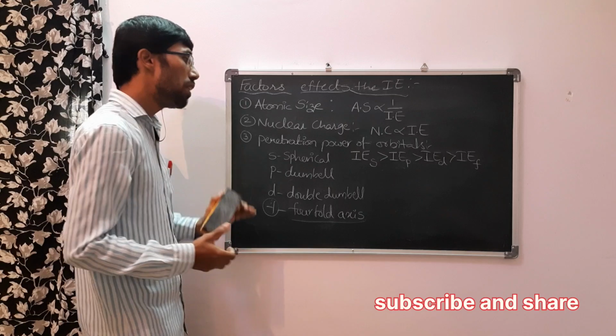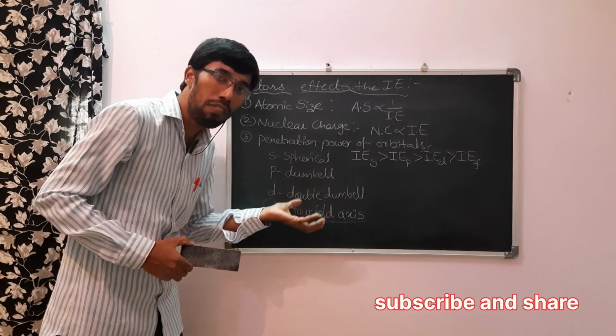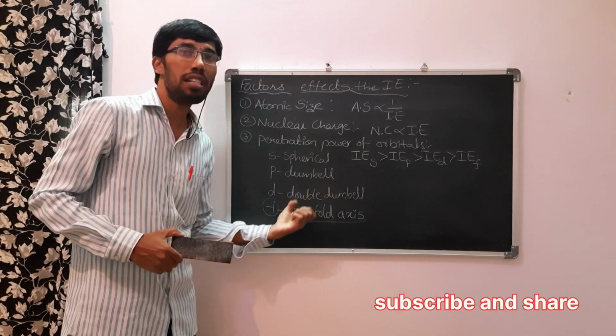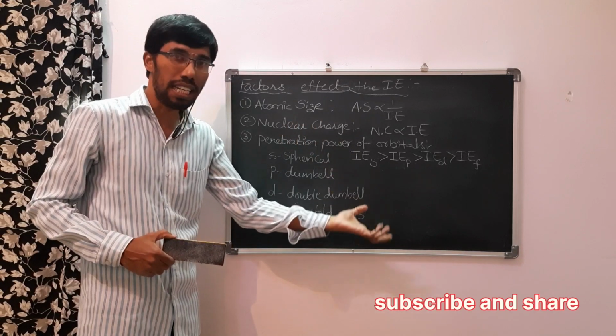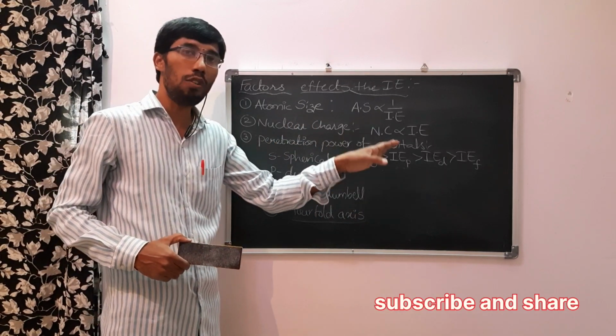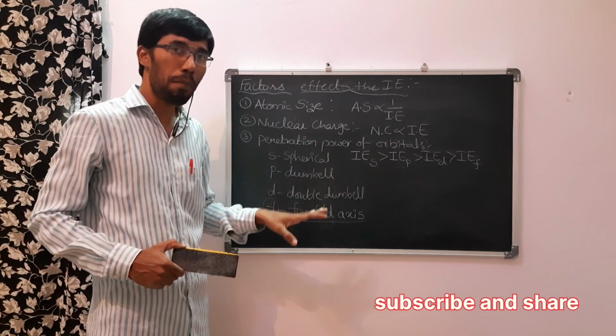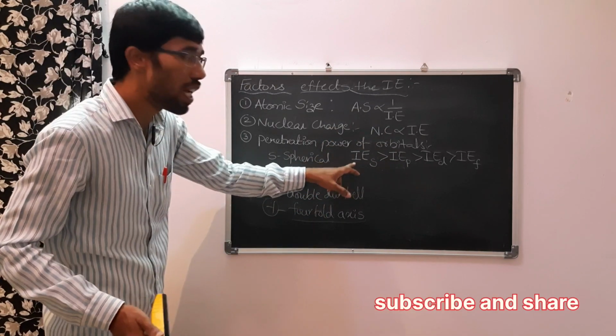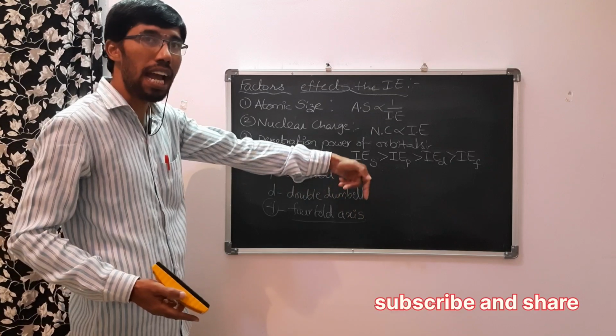Why? Because if the penetration power increases, ionization energy also increases. So the penetration power of orbitals is always directly proportional to the ionization energy of an atom.